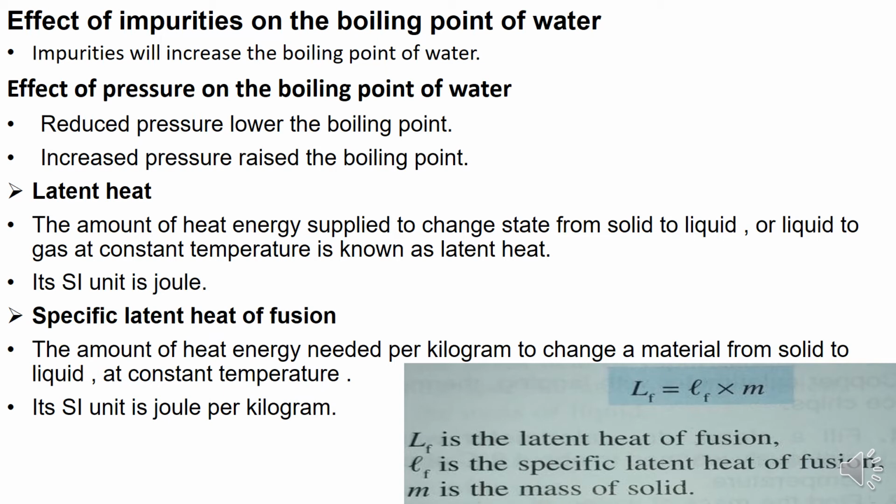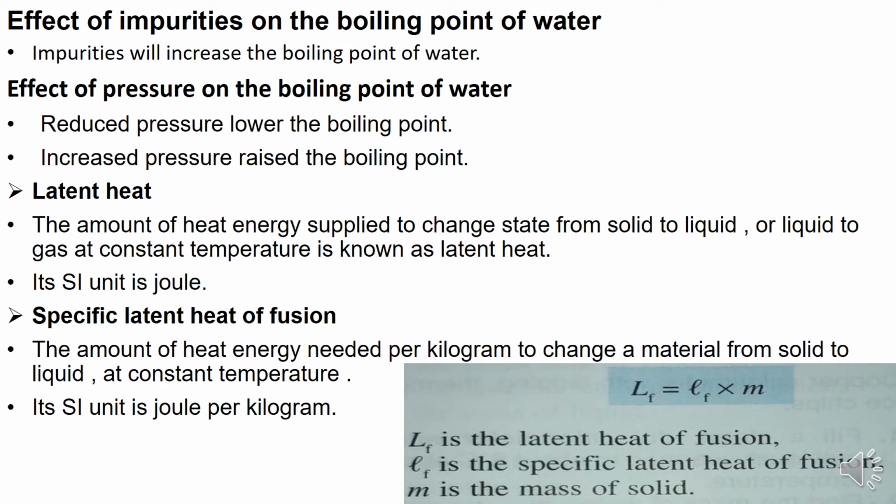A pressure cooker is normally used to reduce the cooking time. In a pressure cooker, the boiling point of water is raised to 120 degrees Celsius by increasing the air pressure in the cooker to about 2 atmospheres. So this is a high temperature.